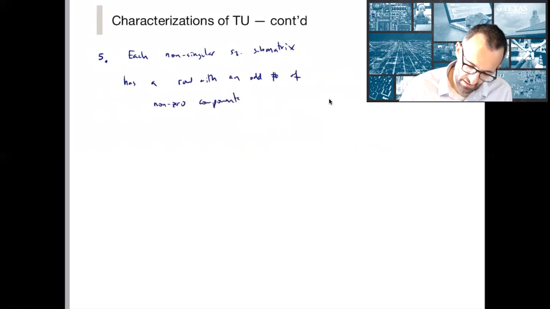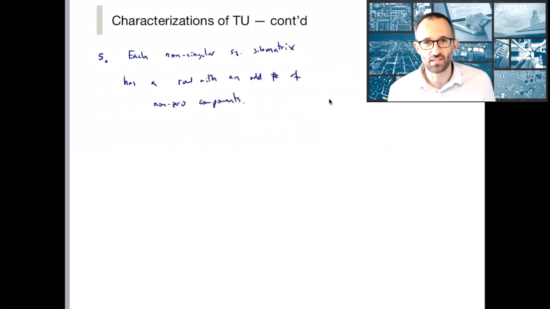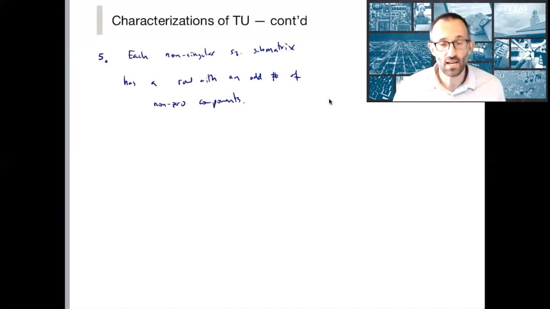I don't expect you to memorize these, but it's just an indication of how people have tried to use and take advantage of total unimodularity. Obviously, someone wrote down these results because in some cases it's much more convenient to use property 5 or property 4 than to try to prove a result about the determinant of every single submatrix.